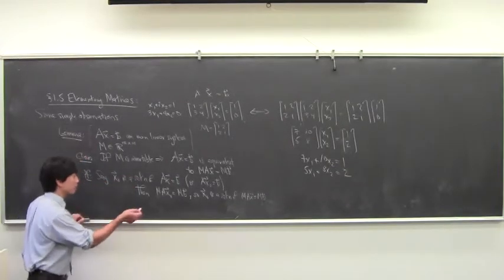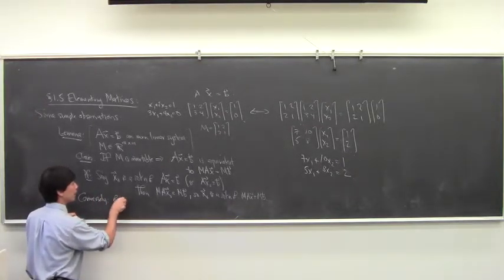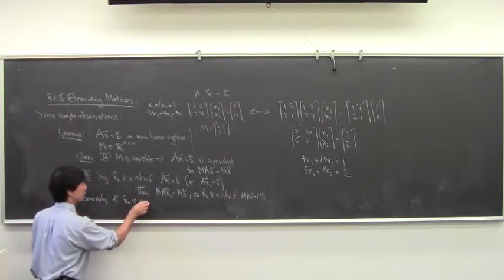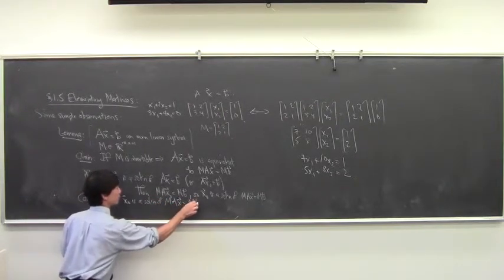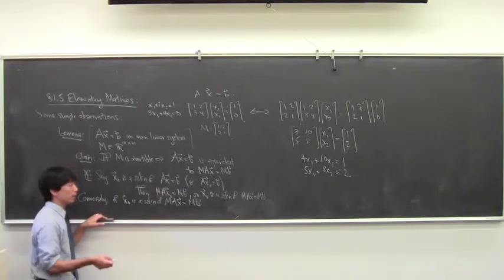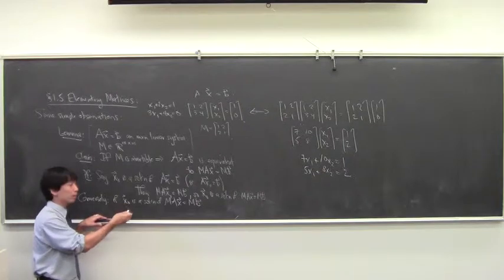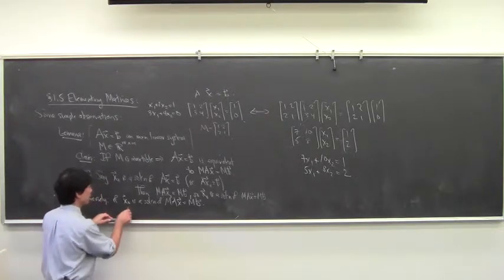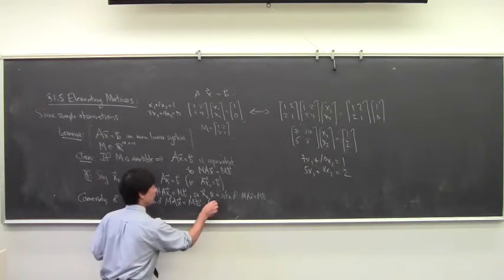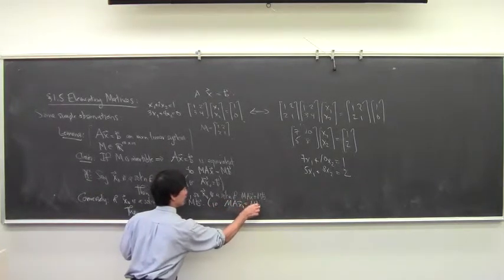So conversely, if x naught is a solution of MAX equals MB, then why is it a solution of AX equals B? Because you multiply on the left by the inverse matrix. In other words, MAX naught equals MB.